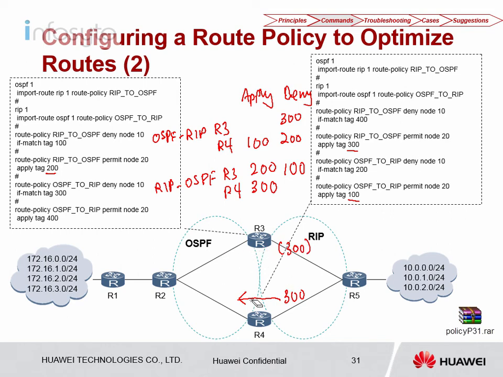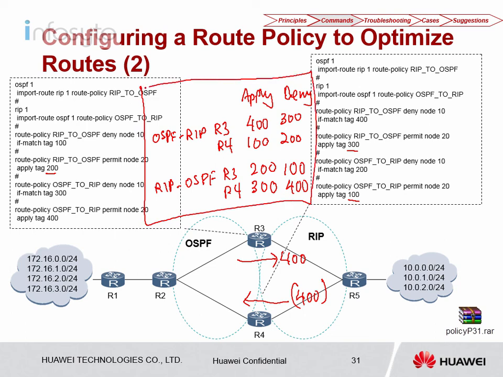Okay, and the final one, if let's say we are going to do an OSPF to RIP, here we are using 400. So we are going to apply 400, and RIP back into OSPF in router 4, we are going to deny the 400.